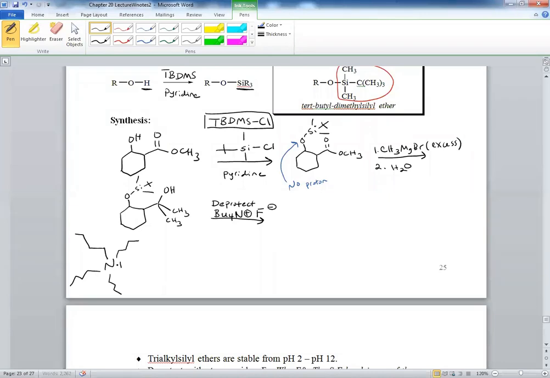Remember, N with 4 bonds has a positive charge, and then you have F minus. So this is an ionic compound, with the cations and the anions. Now, once you deprotect, you are back with the OH. I'm talking about this one right here.